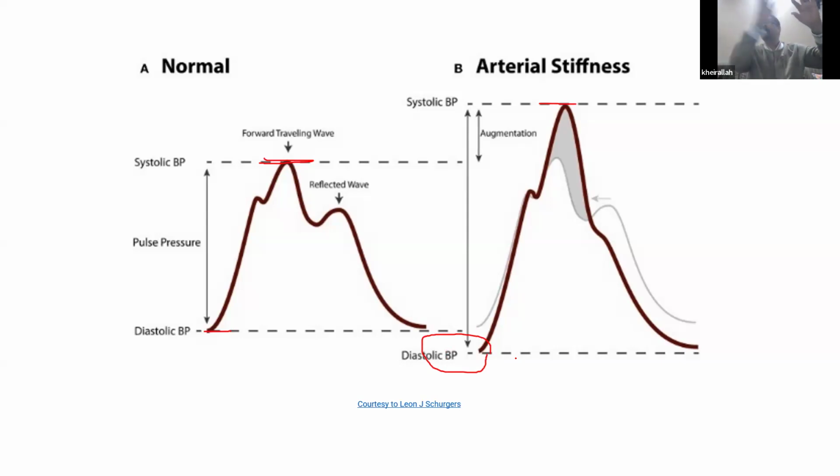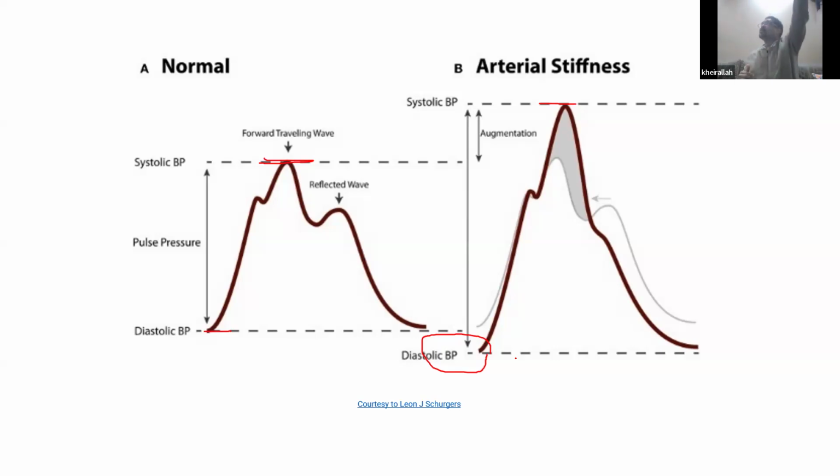In diastole, when the blood flow is lower, it recoils. And this recoil determines the diastolic pressure. But if it is stiff, it doesn't recoil. So in diastole, the blood decreases and the diameter is still wide. So that's why the diastolic pressure in arterial stiffness is low.